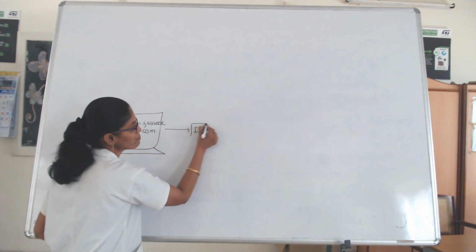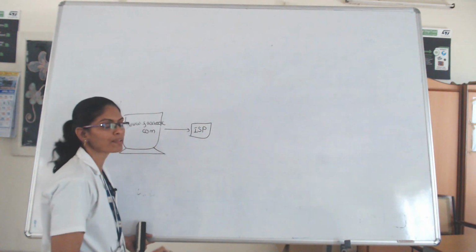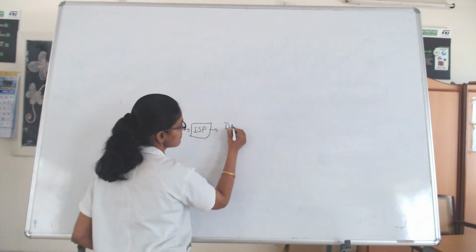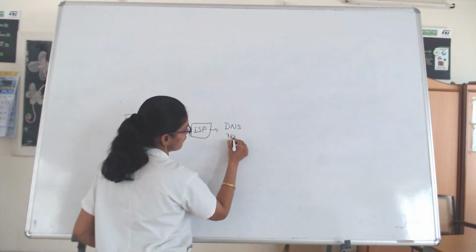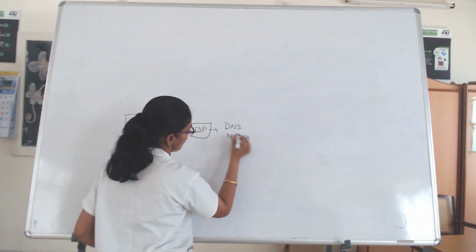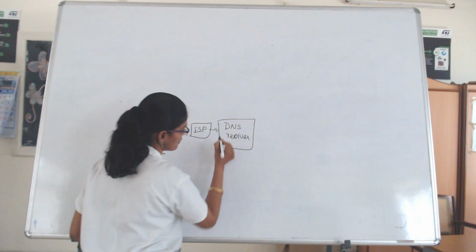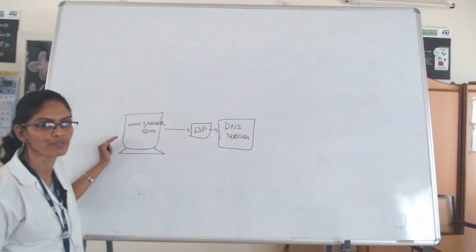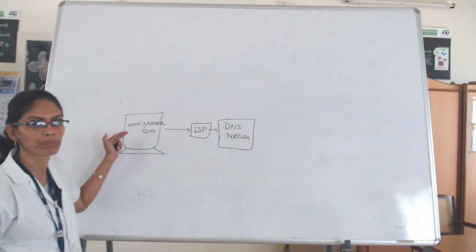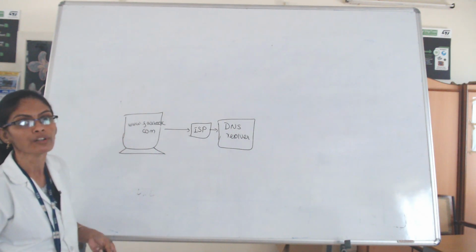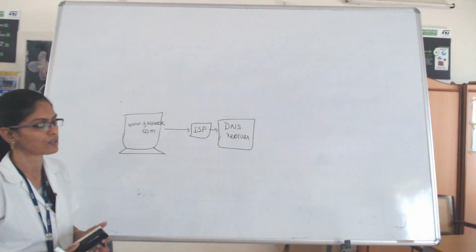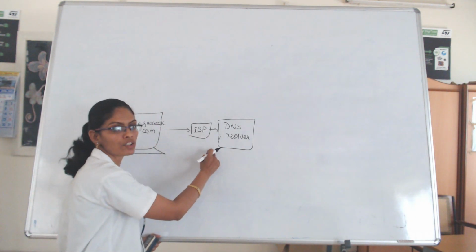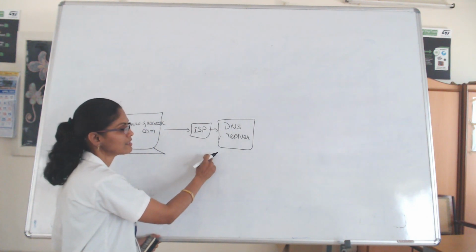This is the party who provides us the internet service, and it forwards this to the DNS resolver. So what we have done is we have asked for www.facebook.com. We have to open this website, but I don't know the IP address of this website. So I rely on the DNS server. My ISP has connected me to the DNS resolver.